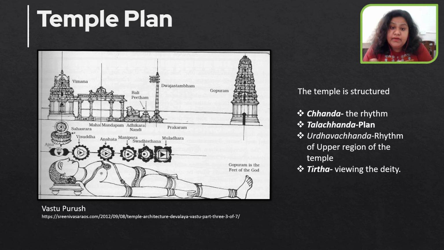The person who is lying down is the Supreme Lord, the Vastu Purusha himself or herself. It is gender neutral actually. And the different parts of the temple are decided on the basis of that Vastu Purusha, and the Vastu Mandala is working on them.